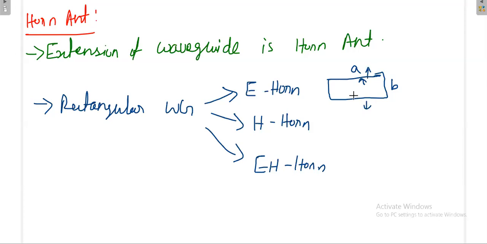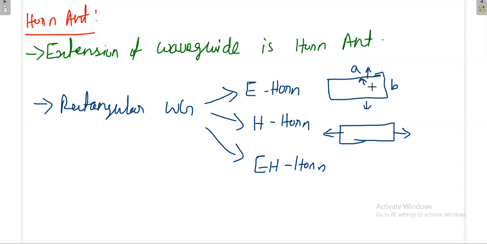That makes some kind of flaring, and that is called the E horn. Then if I do it the other way, pulling in this direction and also in this direction, the flaring is done on the left as well as the right, then that forms the H horn.